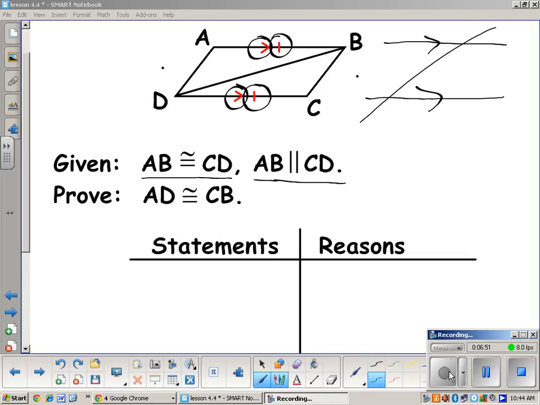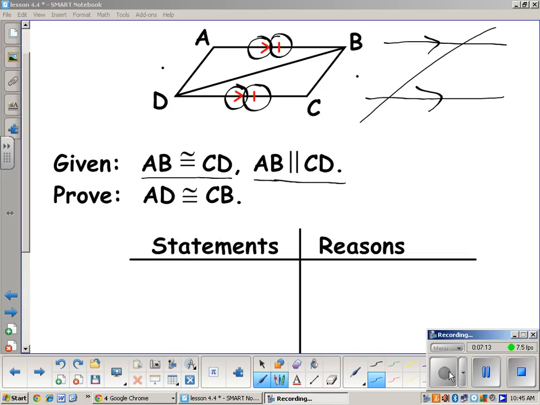What are some things that we can talk about with those? Early on, we talked about those. Alternate interior angles. Alternate interior angles between parallel lines are what? Are congruent. Okay? So they're congruent.